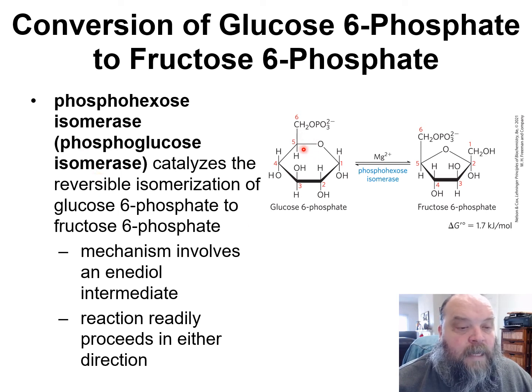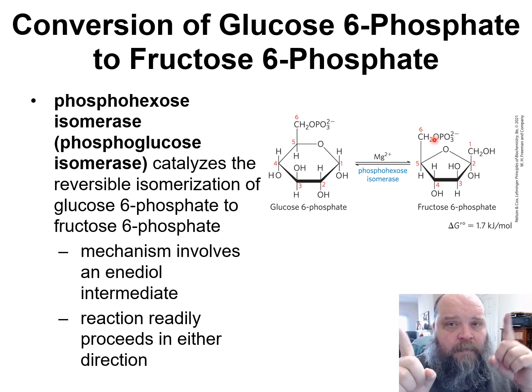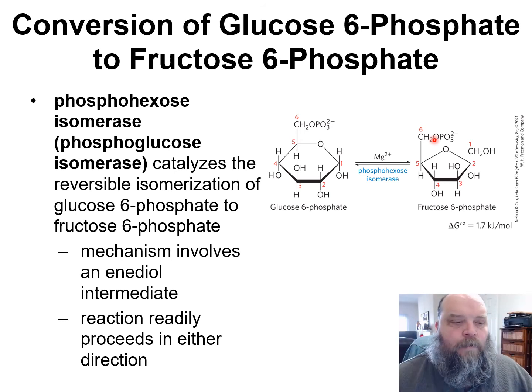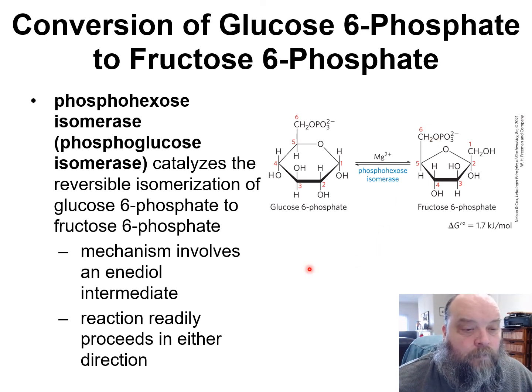Okay, this is the taking of this 6-membered ring and turning it into a 5-membered ring. If you do the math, there's still 6 carbons, but carbon 1, carbon 2 are sticking up there like flags off of the ring. There is what they refer to as an enediol. I can't say it, tongue too thick. This intermediate. So there is an intermediate.